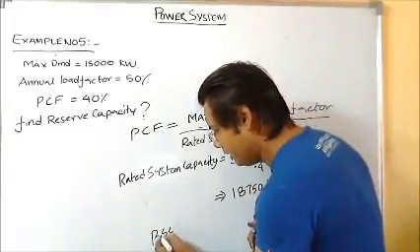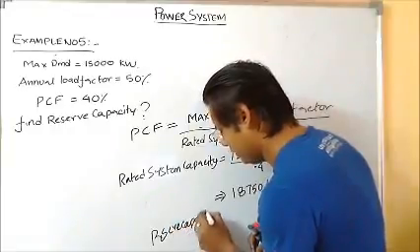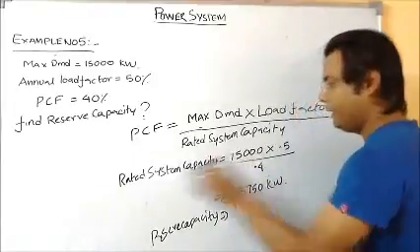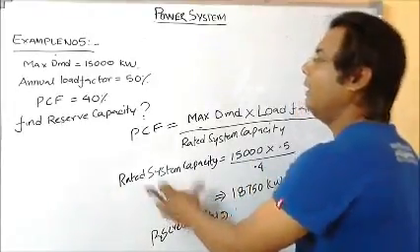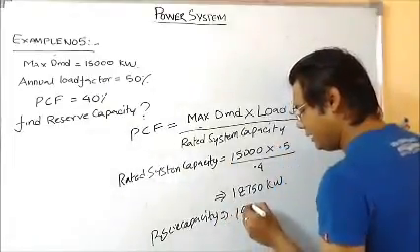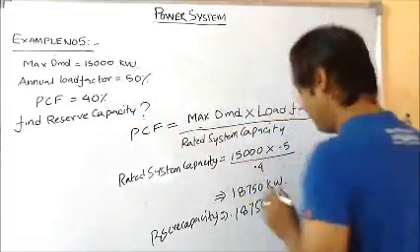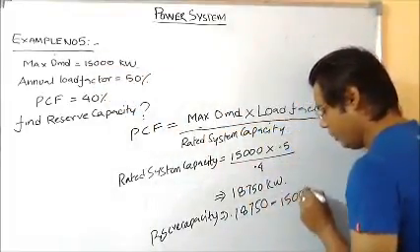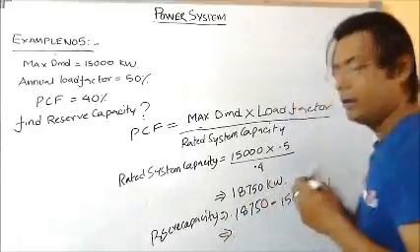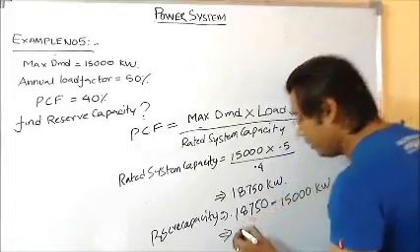So our reserve capacity would be equal to my rated system capacity minus the maximum demand. Rated system capacity is 18,750 minus maximum demand, 15,000 kilowatts. So the reserve capacity would be 3,750 kilowatts.